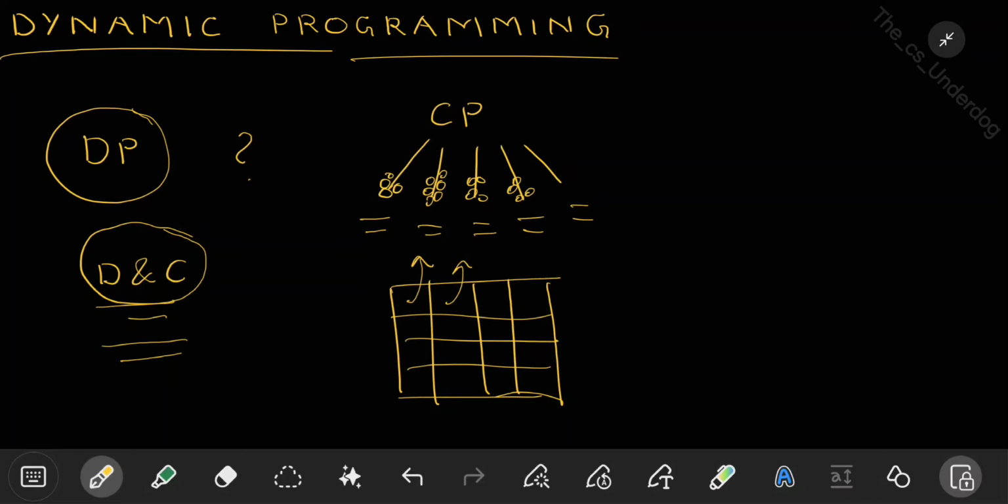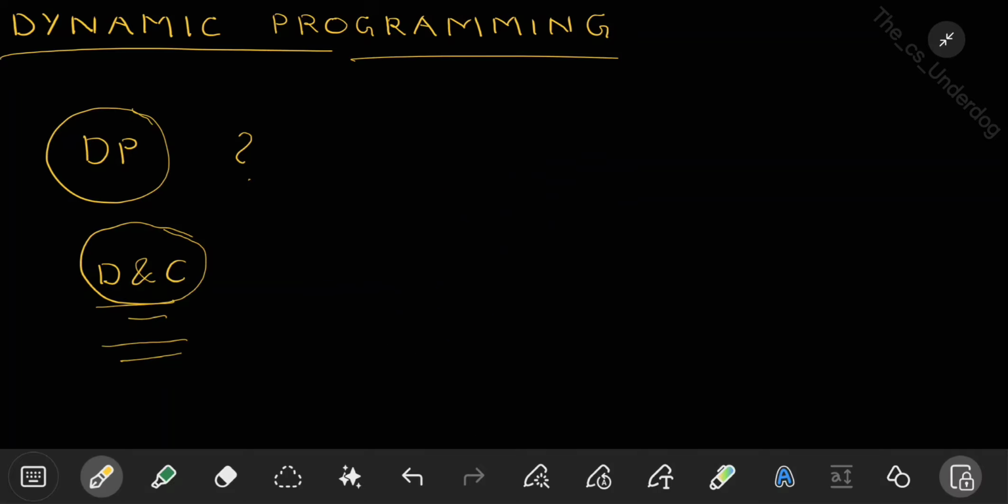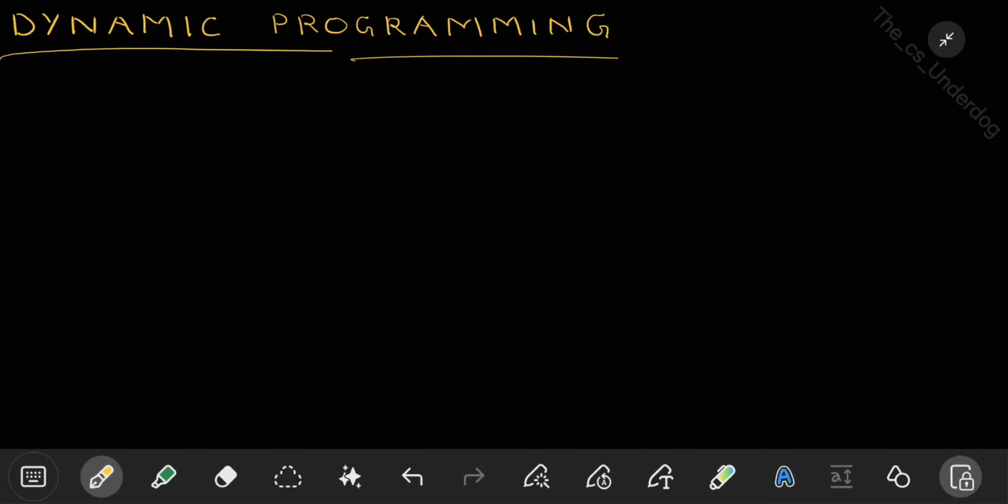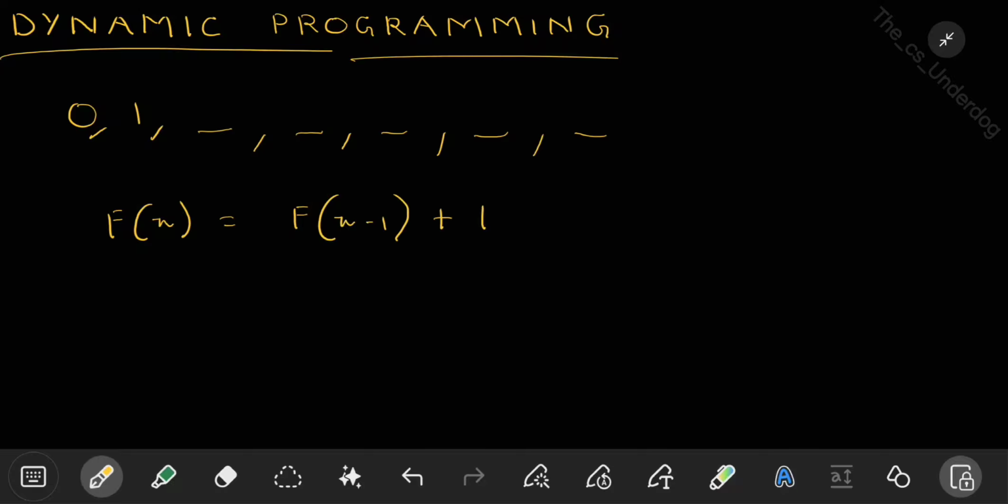Let us understand this with a simple example. That will be easier, okay? Let us say you want to compute the nth Fibonacci number. What is a Fibonacci number? You know about the Fibonacci series, which starts with 0, 1, and then how do you identify the remaining Fibonacci numbers? In order to find the nth Fibonacci number, you have to use this formula: f(n) = f(n-1) + f(n-2).